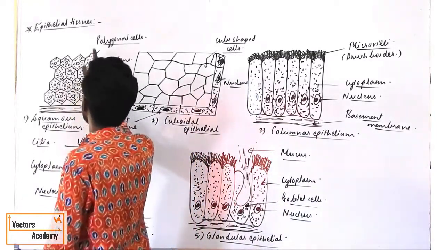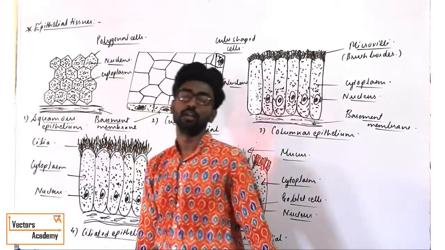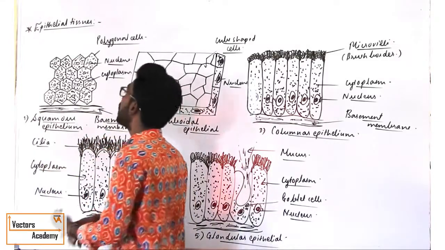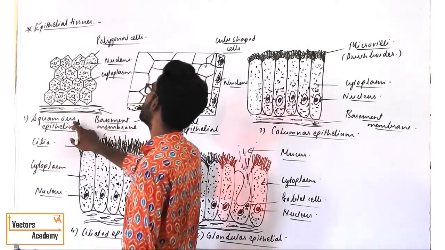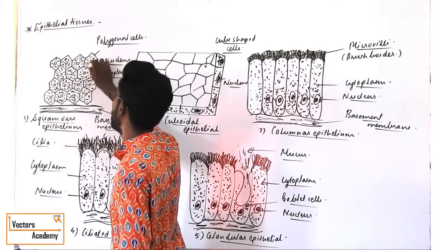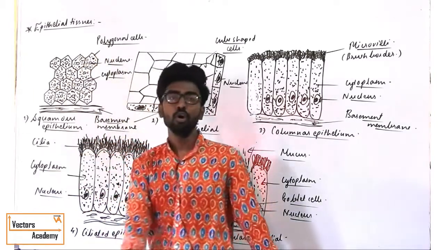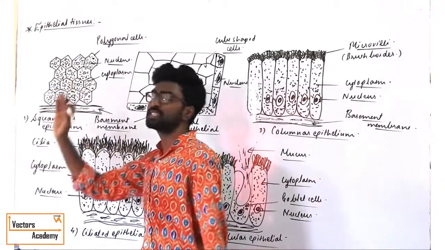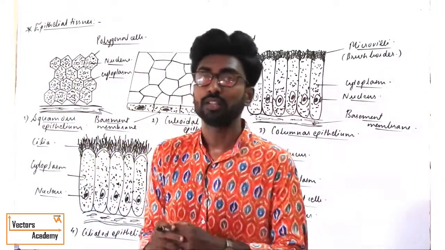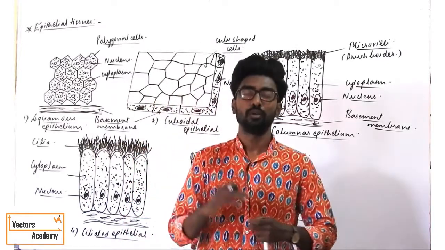They are compactly arranged with each other, which means they are tightly arranged with each other. Every squamous epithelial cell contains a centrally placed nucleus, and it is generally surrounded by granular cytoplasm. These cells are arranged tightly and look like the tiles of the floor.